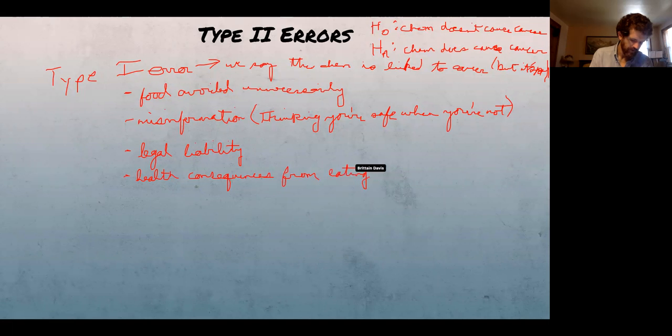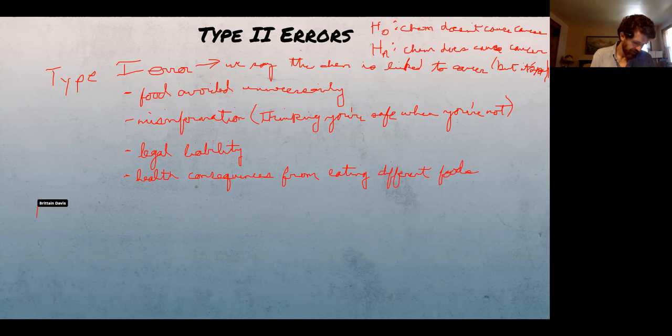And who knows, maybe they accidentally turn to another chemical that really does cause cancer. All right, so you can see all of these are hypothetical, but some of them maybe are more or less likely consequences.